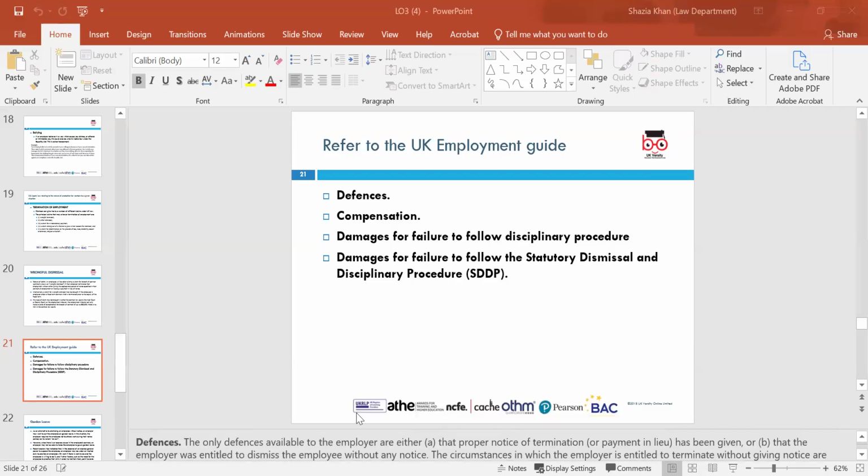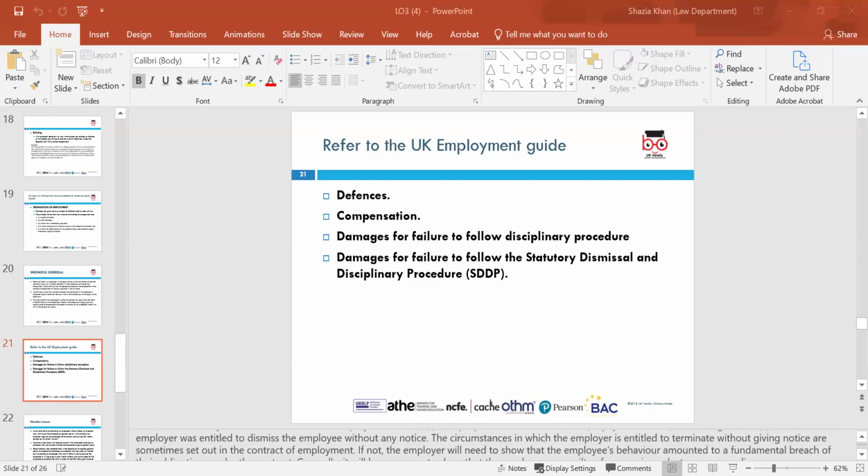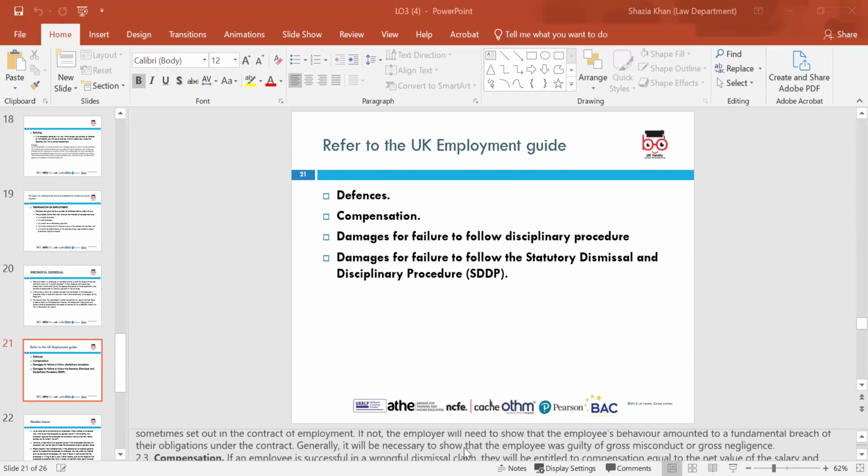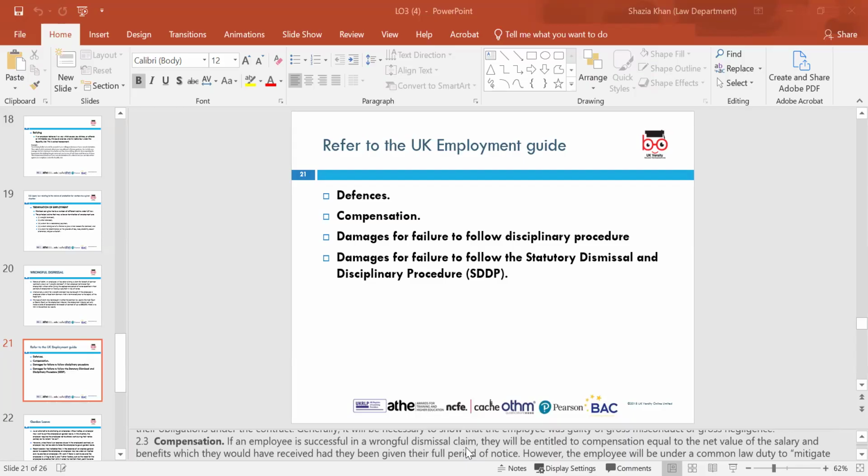The only defences available to the employer are either that proper notice of termination or payment in lieu has been given, or that the employer is entitled to dismiss the employee without any notice. The circumstances in which an employer is entitled to terminate without giving notice are sometimes set out in the contract of employment, or the employer must show the employee's behaviour amounted to a fundamental breach of their obligations under the contract.